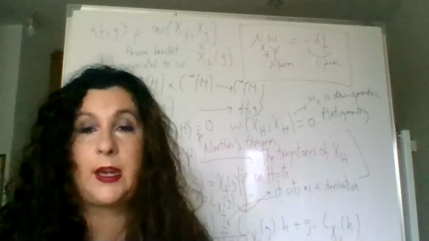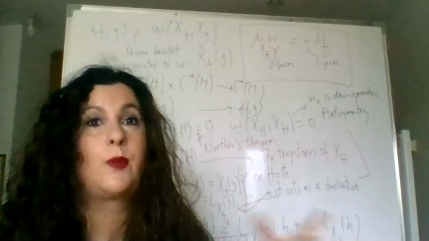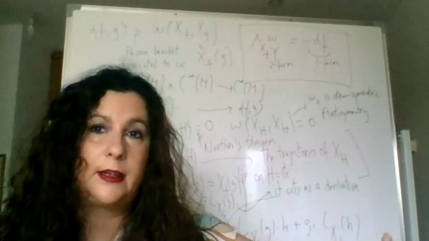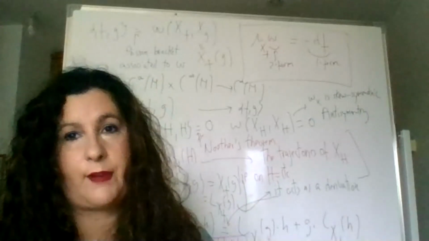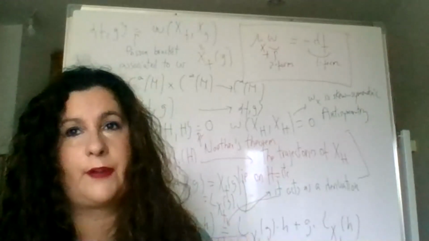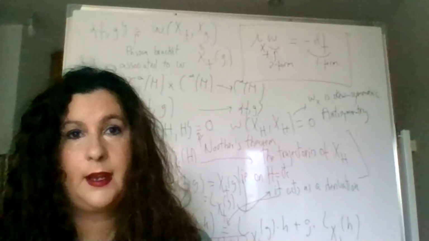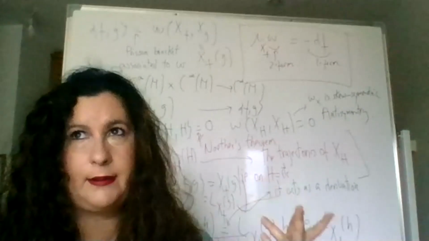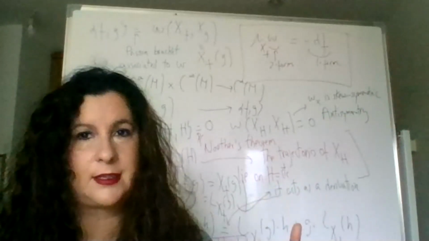What is more difficult is to find what we call first integrals. All this language is a little bit inherited from the theory of differential equations, but also from physics. It's hard to find these first integrals.